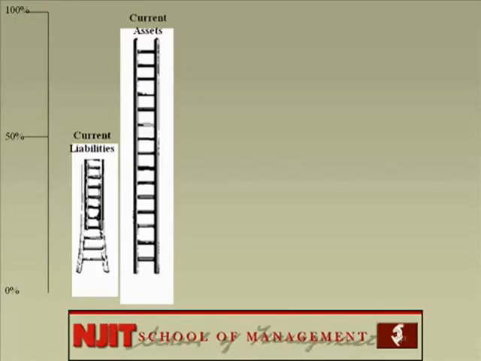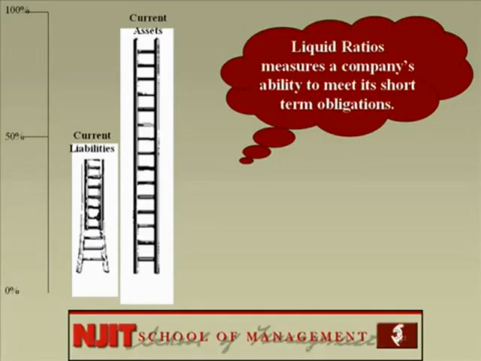Your assets should be greater than your liabilities if you want to survive. So, let me recap. Liquidity ratios measure a company's ability to meet its short-term obligations.